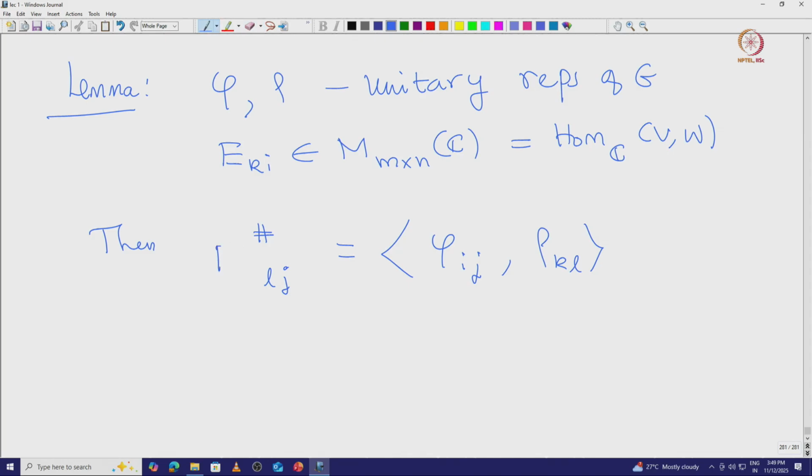So, this (l, j)th entry of E_ki hashtag is going to be the inner product between phi_ij and rho_kl. Using this observation, we will be able to prove the orthogonality relations between phi_ij and rho_kl. That is Schur's orthogonality relations that we can prove later.